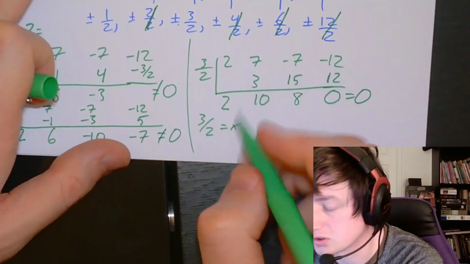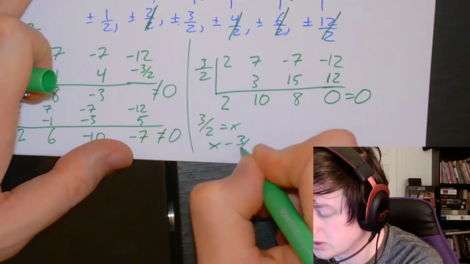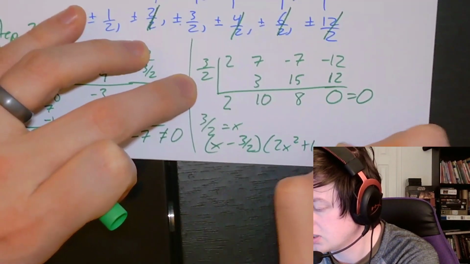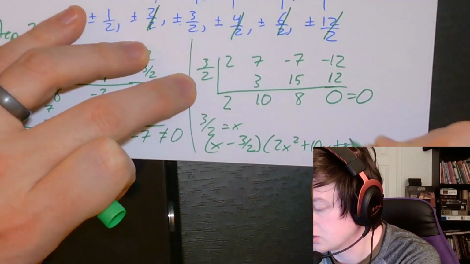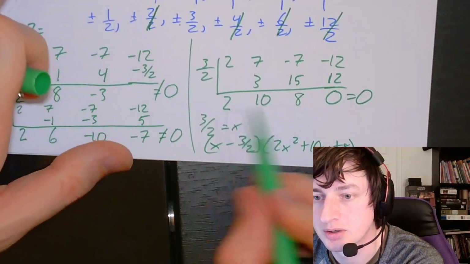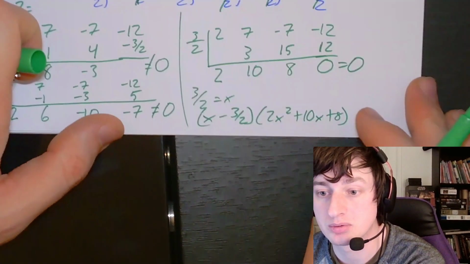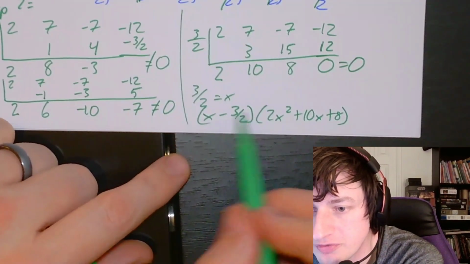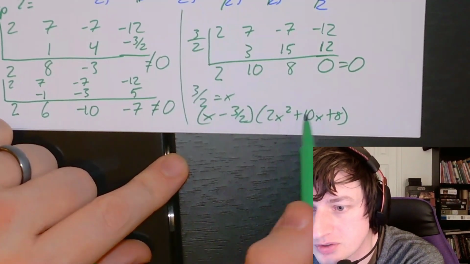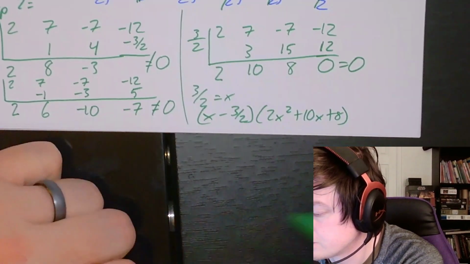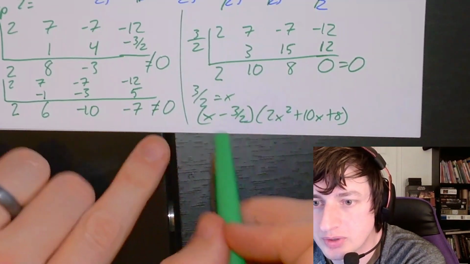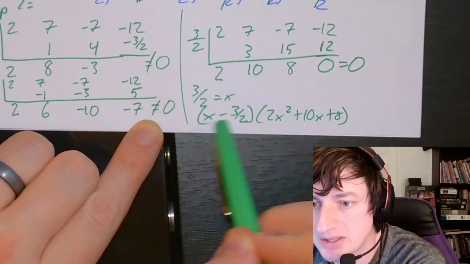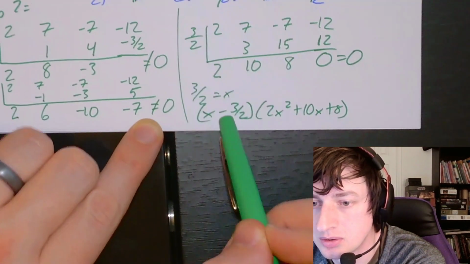But our factorization is going to be x minus the 3 halves times 2x squared plus 10x plus an 8. And you'll notice there's a greatest common factor here that wasn't in our original problem. That's because we have this divide by 2. So we're going to fix this thing by factoring out that greatest common factor. I'm doing x minus 3 halves because when we substitute in 3 halves here, 3 halves minus 3 halves makes a 0.